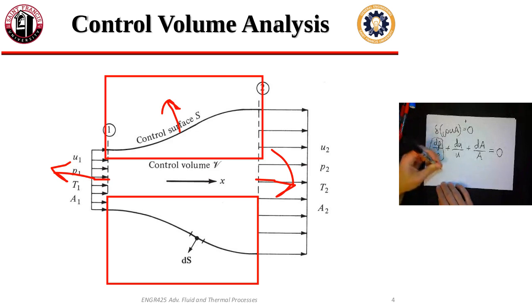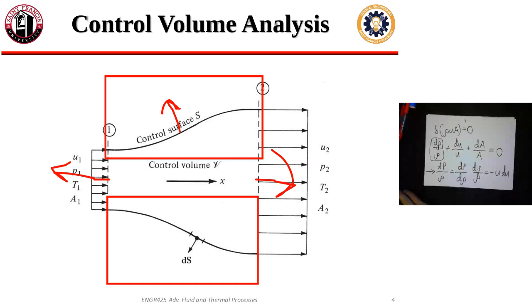So if we do some manipulation in there, we can come up with a separate expression that relates density and pressure, because we know that d rho over rho times dp d rho gets us this dp over rho, which, if I equate it through the speed of sound and Mach number to velocity, can get me this kind of a relationship.